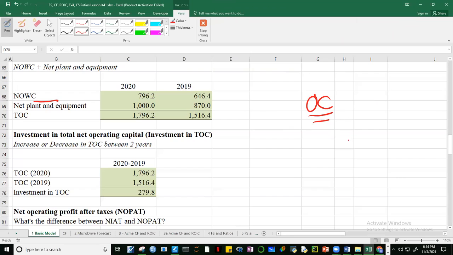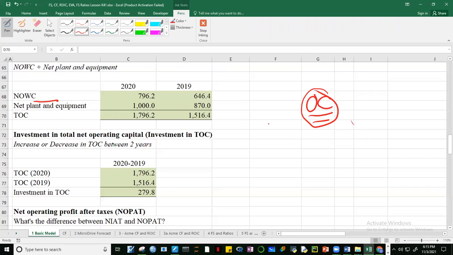Operating capital are those used in the operating performance of the business, whether it's working capital in the form of receivables, inventories, or long-term assets like equipment. So that's needed in order to support the operations of the business.